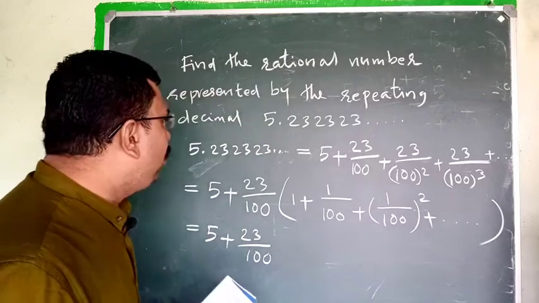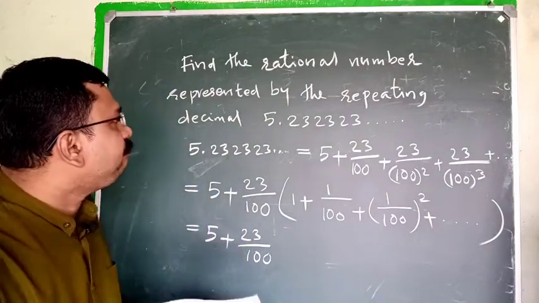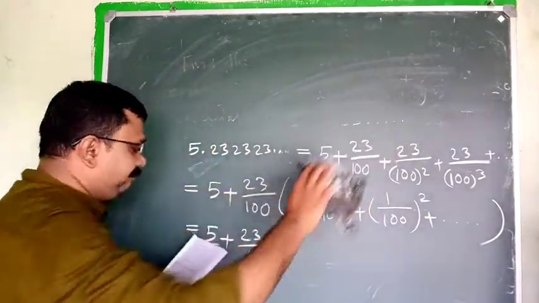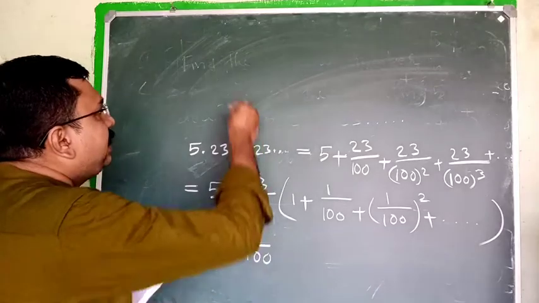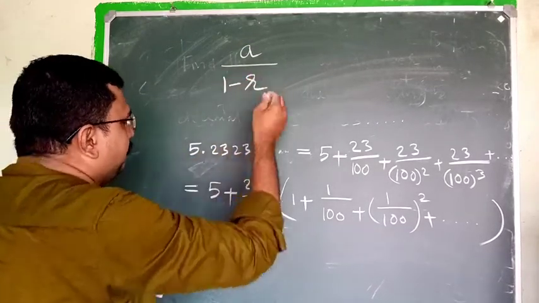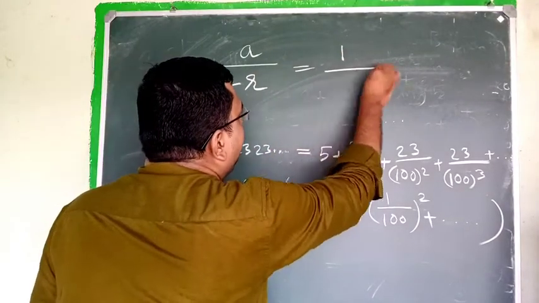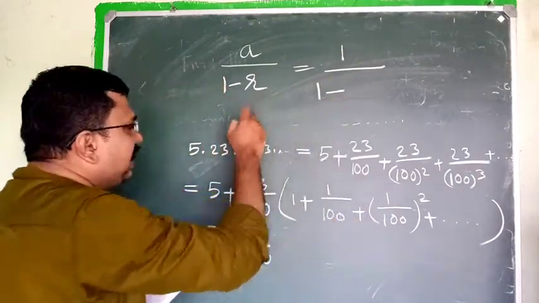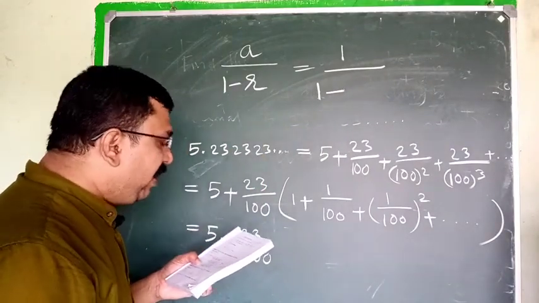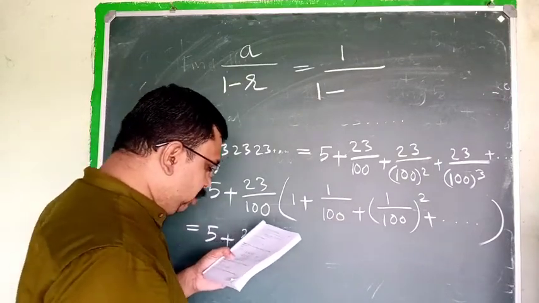Remember that the geometric series sum can be calculated using the formula a by 1 minus r. Here a equal to 1, and the common ratio r equal to 1 by 100.